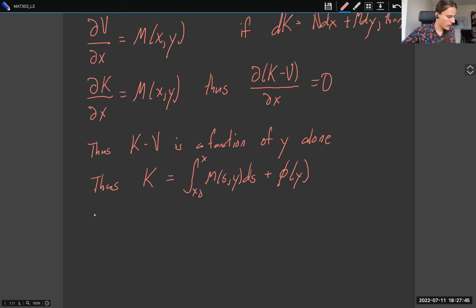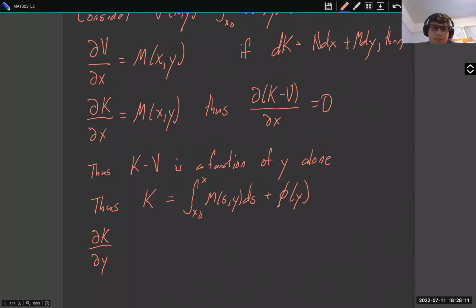We know also that the partial derivative of k with respect to y is n. So we are trying to find a function k such that this is true. So we are going to suppose that we've solved the problem and that we have a function.